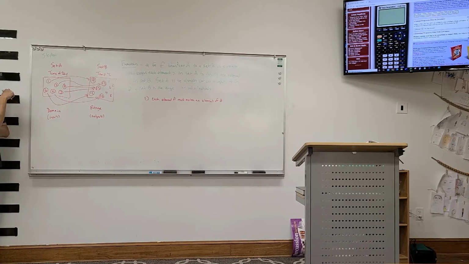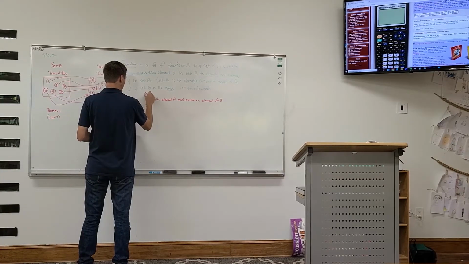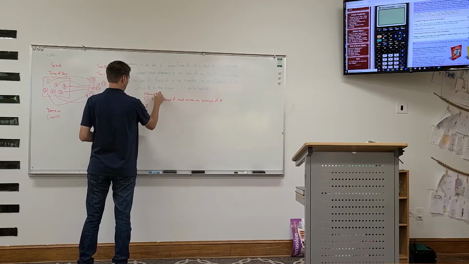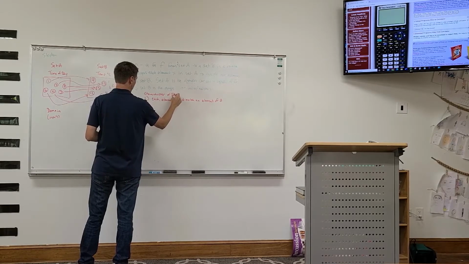So that's what this first one is saying. Every element here has to map to something over there. These are characteristics of functions, and I'm going to abbreviate function as FN, and if it's plural, FNS.